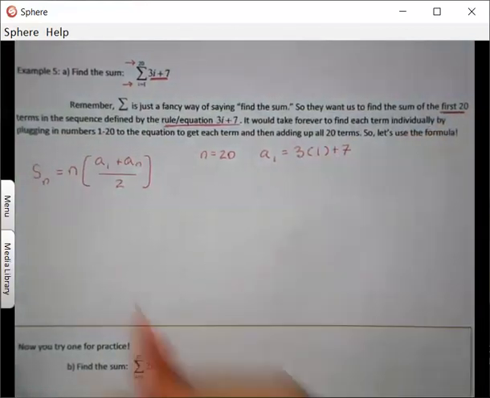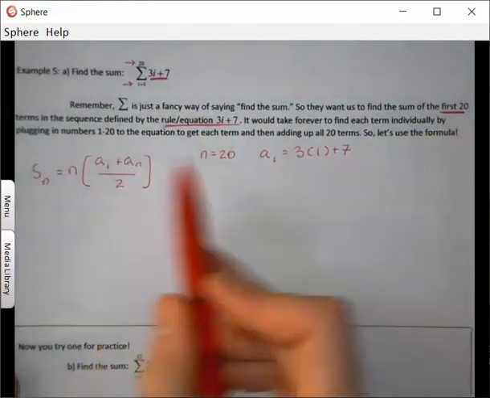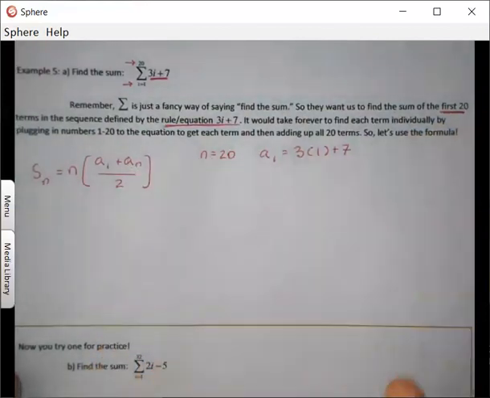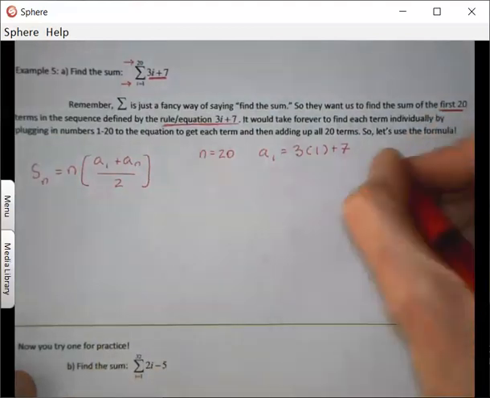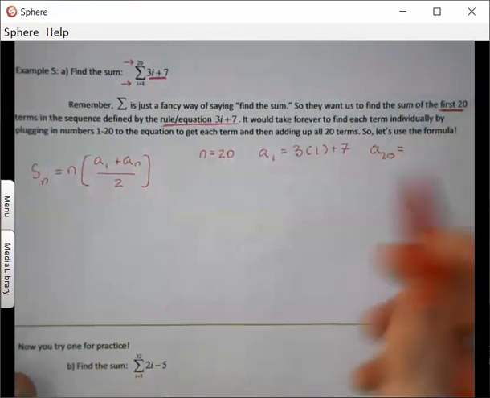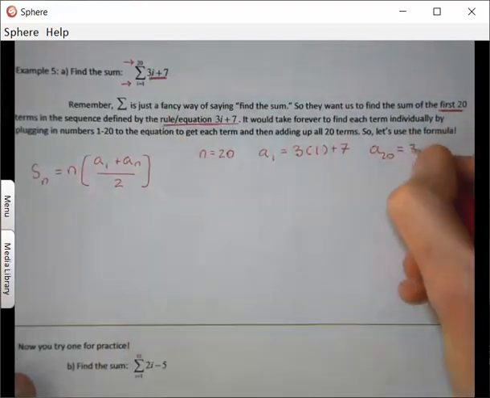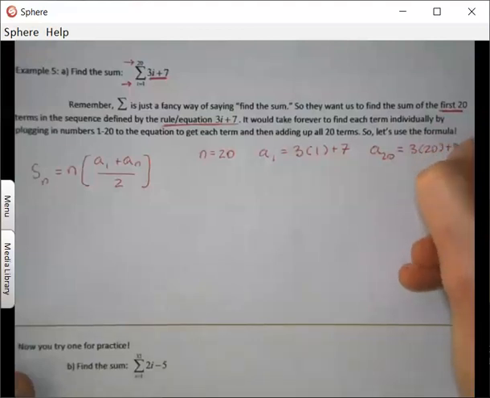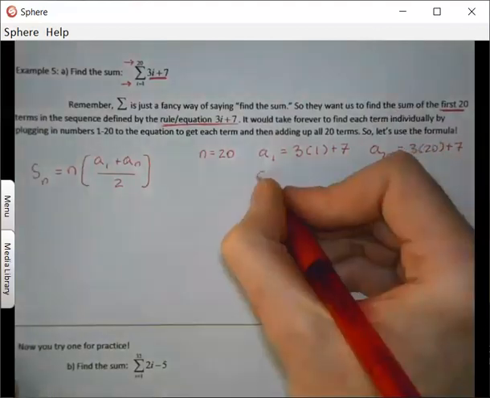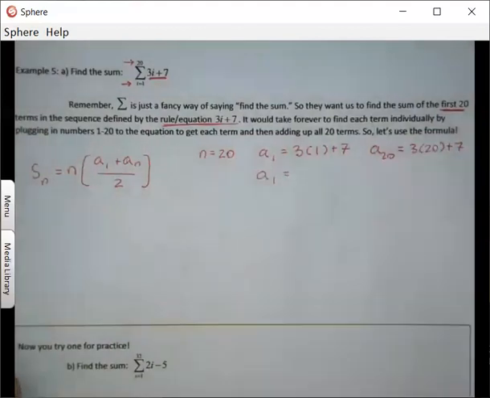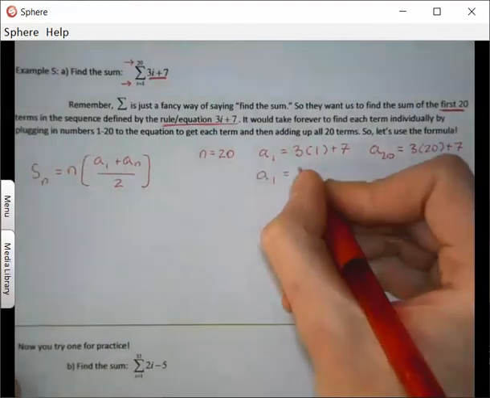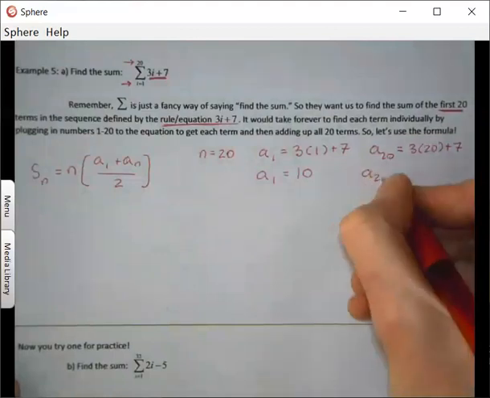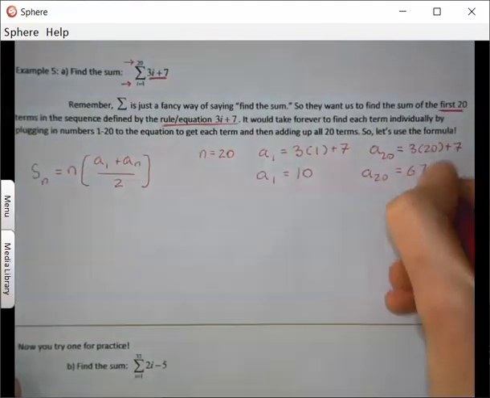Similarly, we need to find a sub n, or a sub 20, because that's going to be our last term. So a sub 20 is going to be equal to 3 times 20 plus 7. So my a sub 1 is 10, and my a sub 20 is 67.